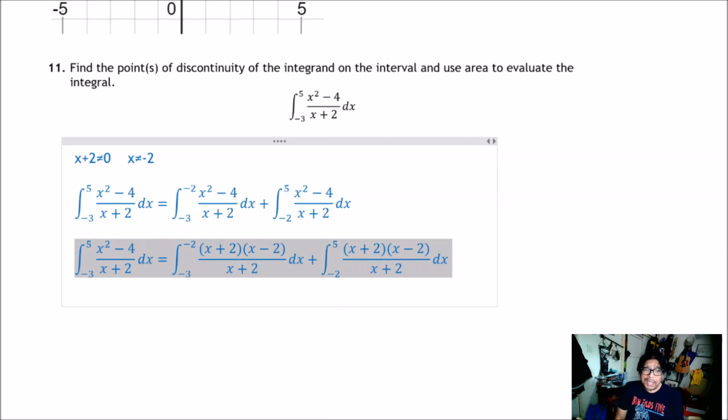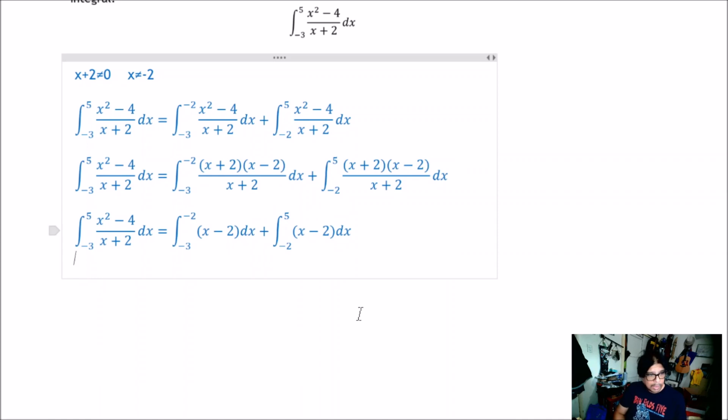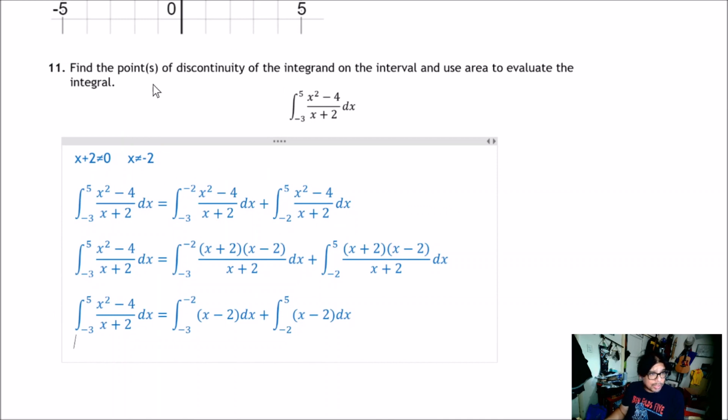But remember, that's not exactly the same function that we started out with, because we do have that hole discontinuity at x equals -2. Now that we have our integrand simplified into something which is integrable and that we can actually graph, what I'm going to do is respect what it says here.